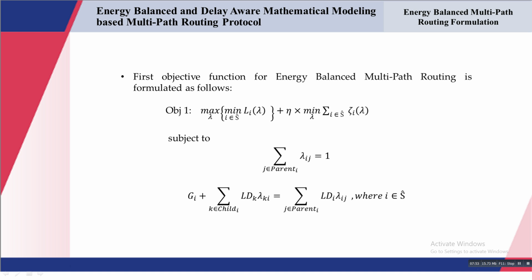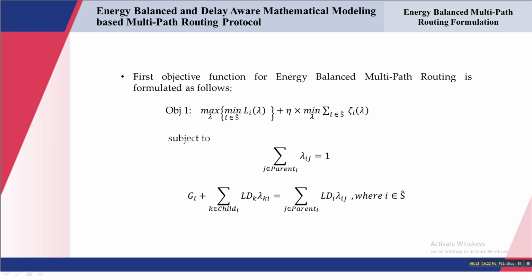These two objectives are subject to the condition that the summation of lambda ij equals 1, which we discussed in the previous lecture. And the last equation represents the flow condition that I discussed in the previous slide.